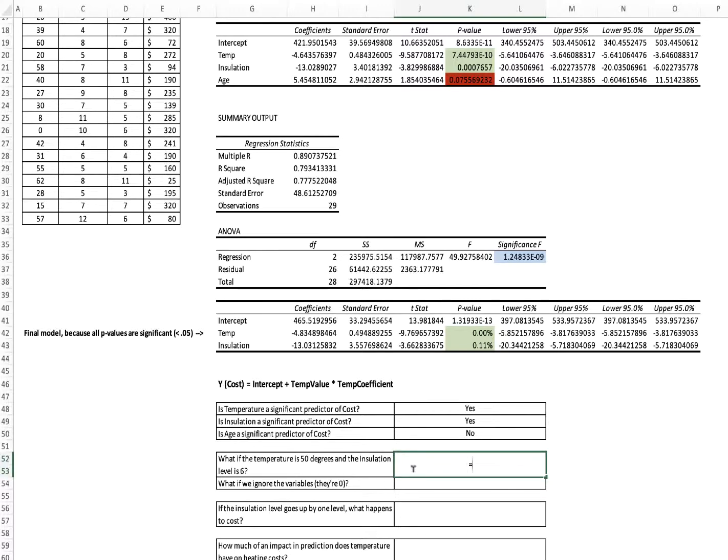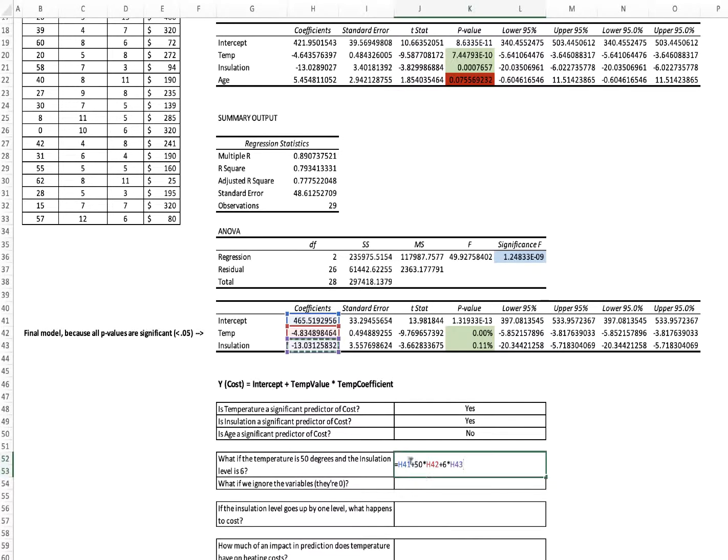So we're going to come back to our regression equation. And this time we have the intercept. Again, we always start with the intercept. And then we're going to add to that. In this case, it says temperature is 50 degrees, so 50 times the coefficient for temperature. And this time we have a second variable that's significant, so then we're going to add to that a level 6 insulation and multiply that by the insulation coefficient.